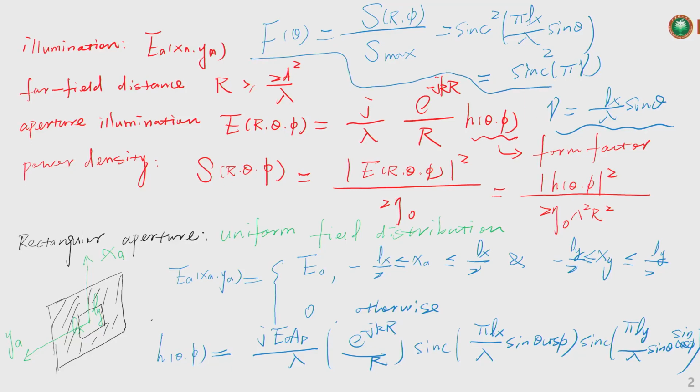We're gonna get the radiation pattern based on this one, and so because here we can say it's a sinc function, actually when we want to plot the radiation pattern, it's going to follow the sinc function.